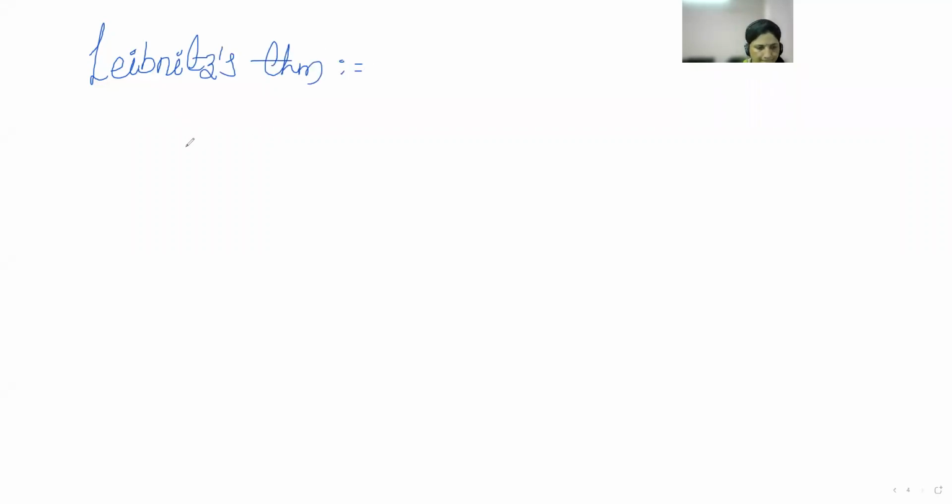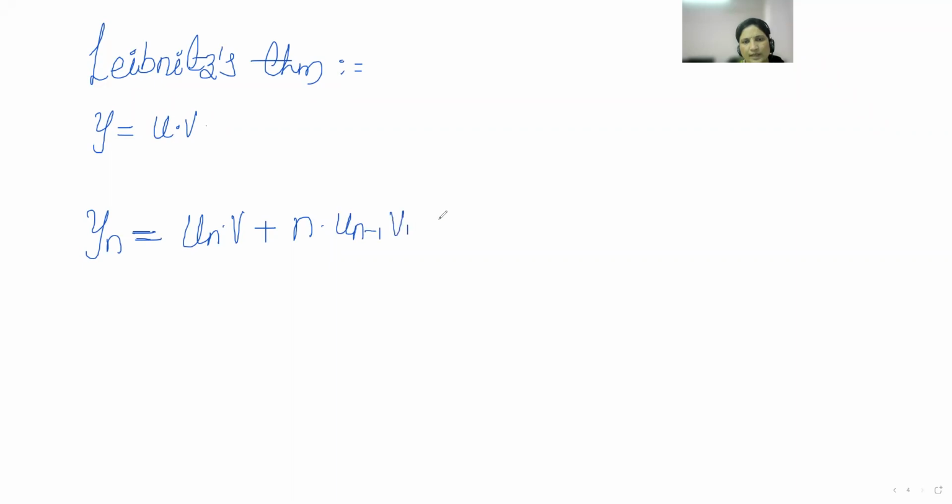If y is equal to u into v, then the nth order derivative of this function is yn equal to un v plus n into un minus 1 into v1 plus n into n minus 1 by 2 factorial into un minus 2 into v2 plus so on plus u into vn.